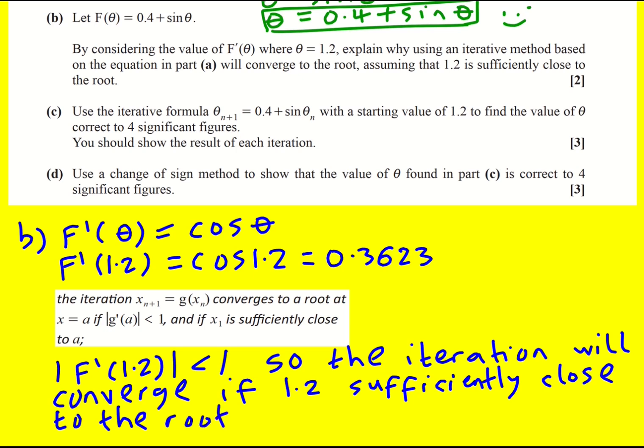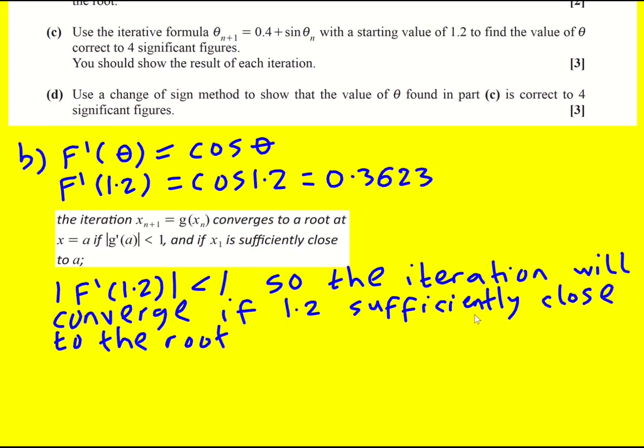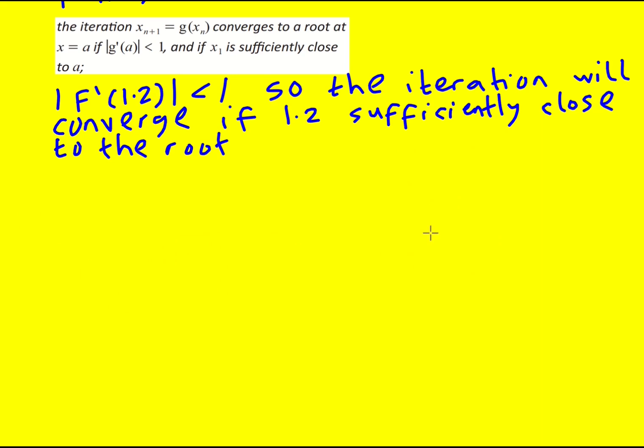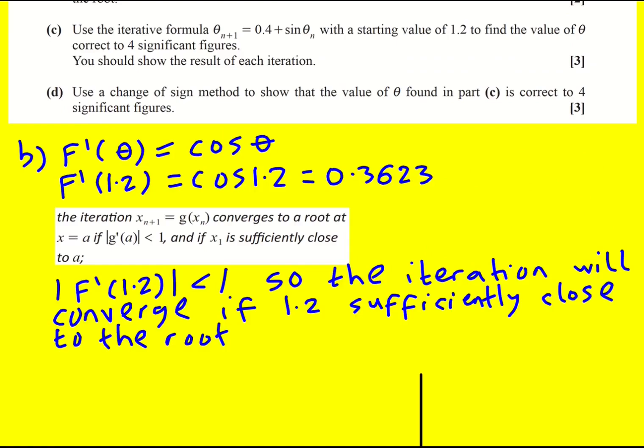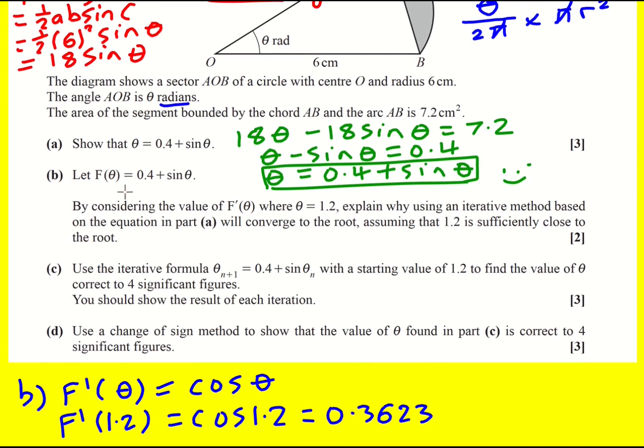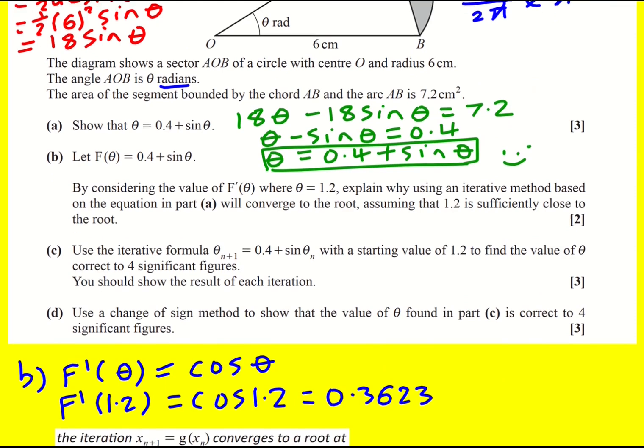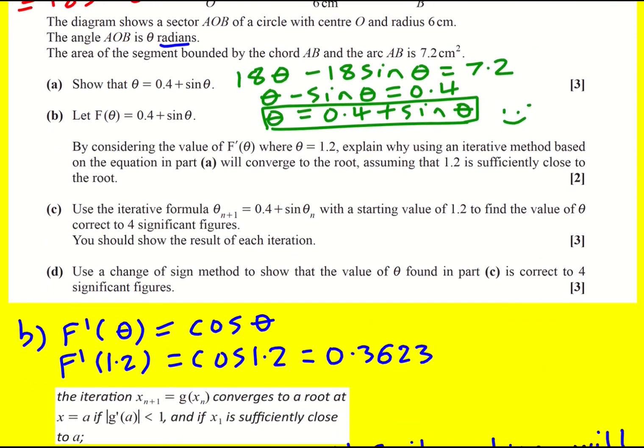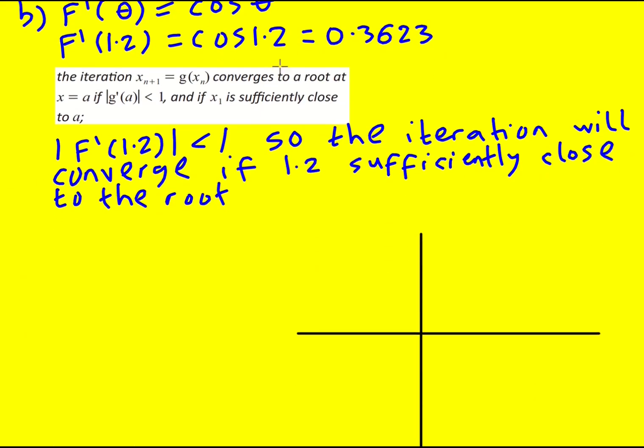Okay, there we go. Now, you might be happy with that, but I'm not quite happy with that explanation. I want to talk about it a little bit more because there's a lot going on in this iterative method. The idea behind fixed point iteration is that you set x, or in this case theta, equal to some other function, and then you look at basically the two graphs, the left-hand side and the right-hand side.